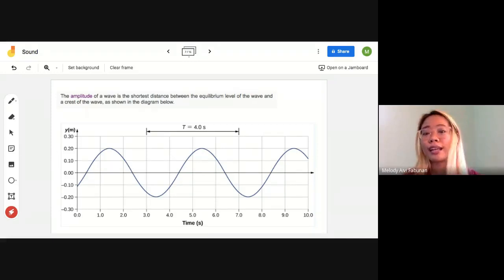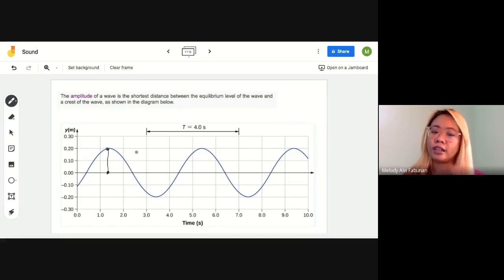The crest, by definition, is the highest part or the highest reach of the wave. So, in order for us to find the amplitude of a wave, we just start from the equilibrium, and then measure the length or distance from this area, the equilibrium, going to this area, which is the crest.